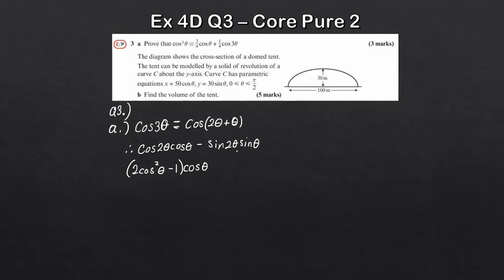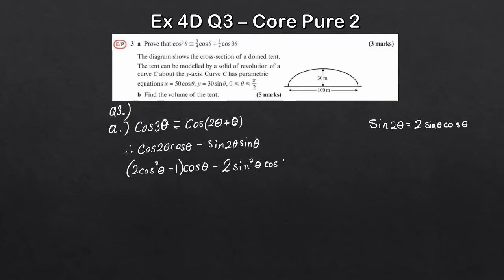Minus sine 2 theta sine theta. Don't forget sine 2 theta, we can write that as 2 sine theta cos theta. Okay, so in other words, we can write that as minus 2 sine squared theta cos theta.